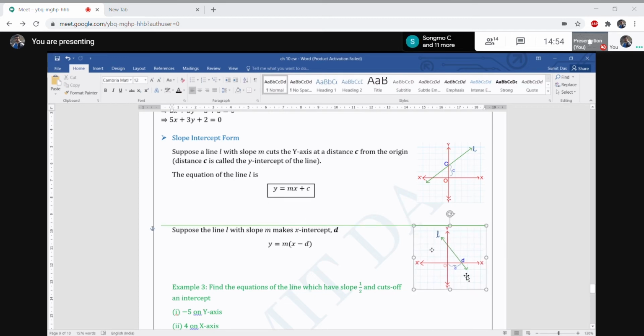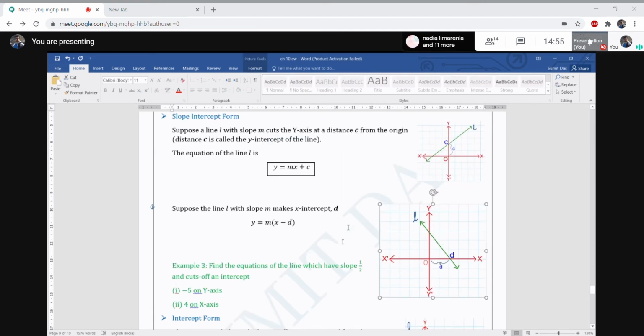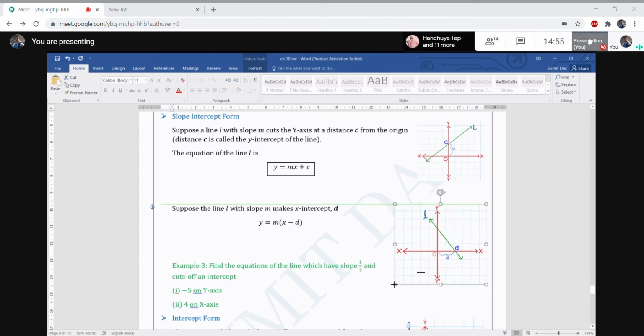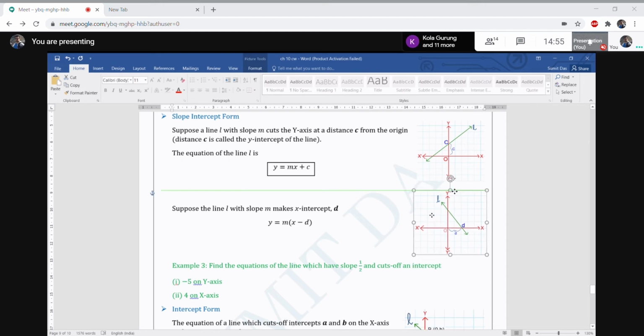You can see in the diagram, x-intercept d means the line intersects the x-axis at distance d from the origin. The distance between these is d. So if the slope of the line m is given and the x-intercept is d, then the equation of the line will be y equal to m(x minus d). That is the only change we made.